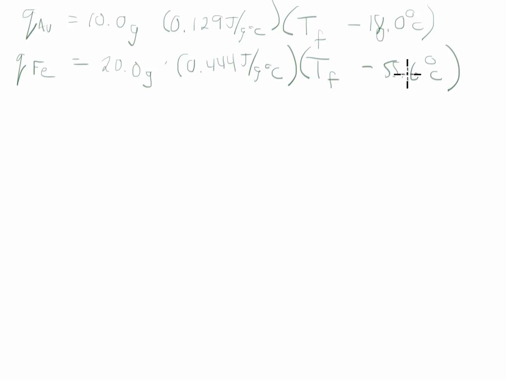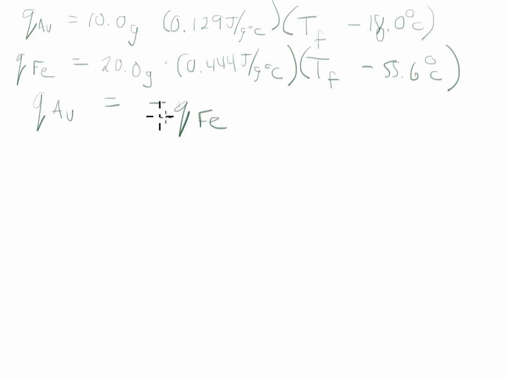Now the hardest part of this is to say, well, what do I do with these? What we can say is that the heat gained by the gold is equal to the heat lost by the iron.